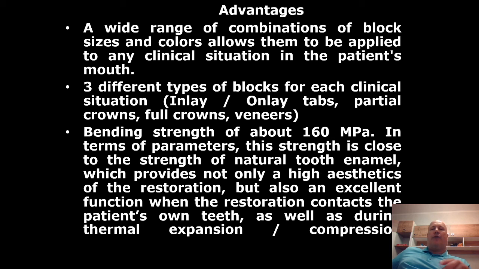Bending strength of about 160 megapascal. In terms of parameters, the strength is close to the strength of natural tooth enamel, which provides not only the highest aesthetic of the restoration, but also an excellent function when the restoration contacts the patient's own teeth, as well as during thermal expansion and compression.